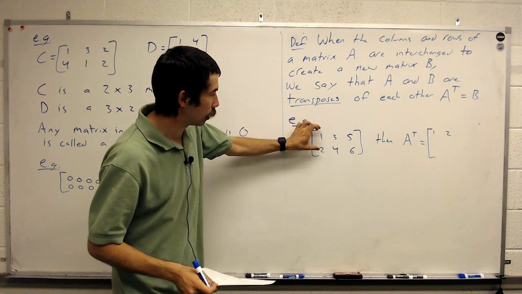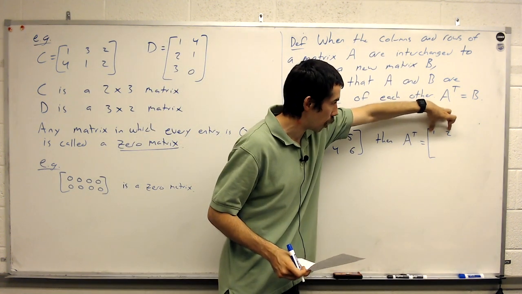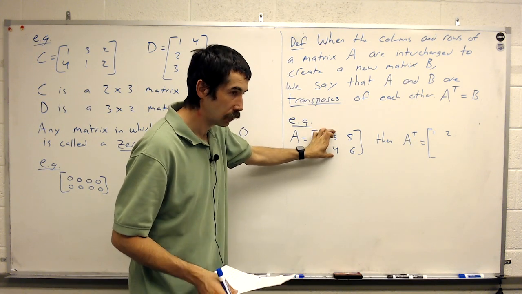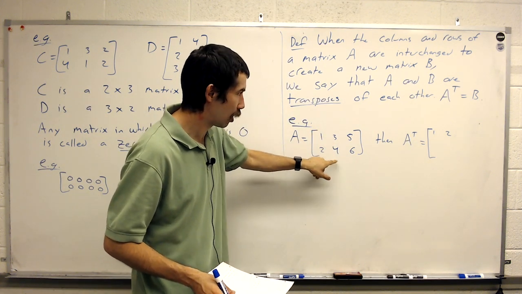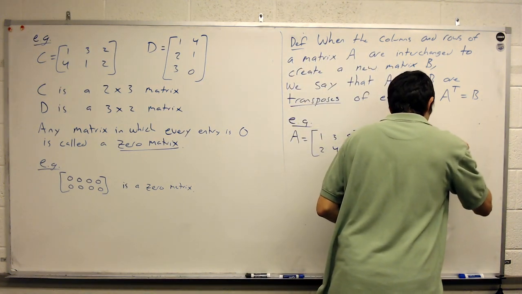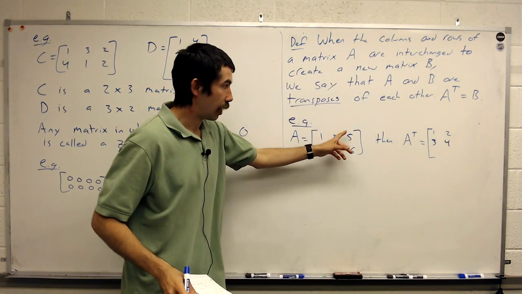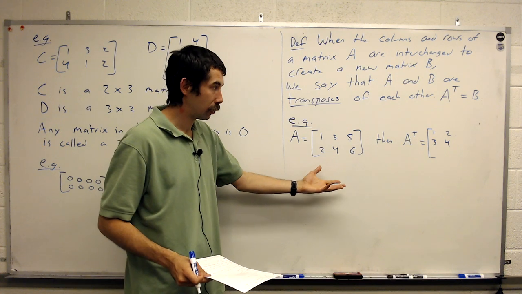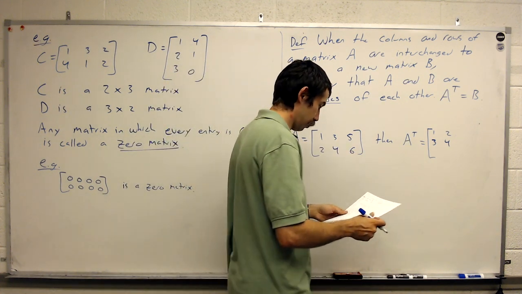Right? You see that? We're switching our column, and it becomes a row. Same thing here. 3, 4 is our second column, so now it's our second row. And 5, 6 is our last column, so it becomes our last row.